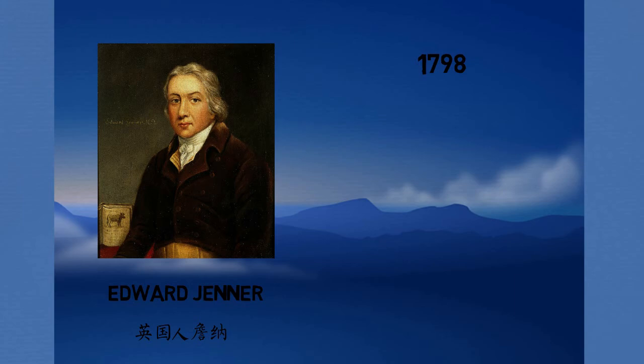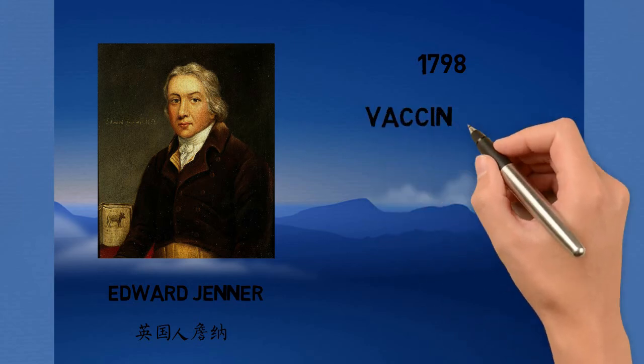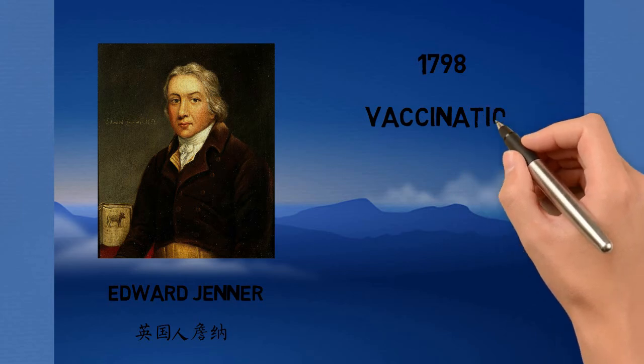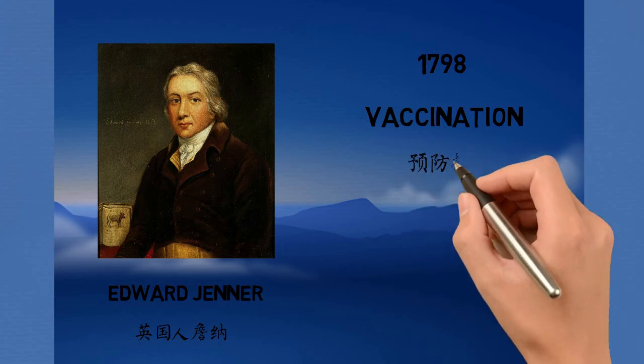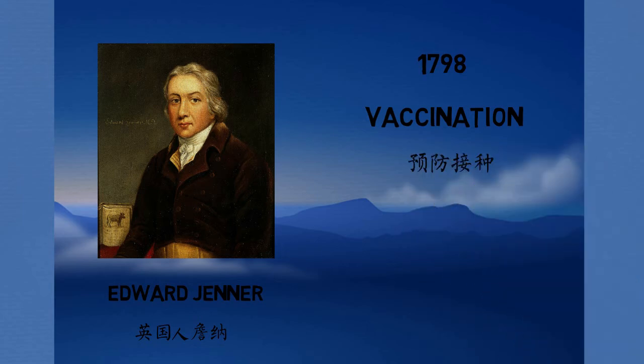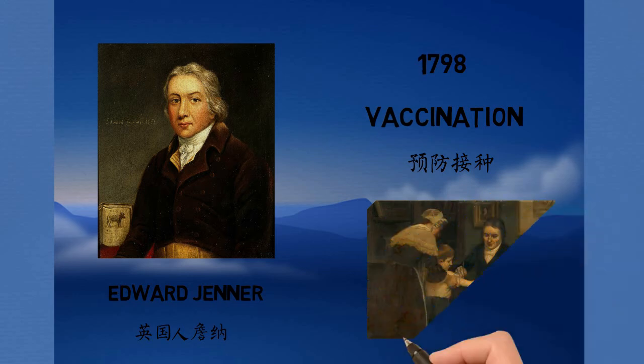Jenner recognized the possible end result of vaccination. He hoped that one day smallpox would disappear from the earth. His dream finally succeeded with global efforts and cooperation. In 1980, smallpox finally disappeared from the earth.